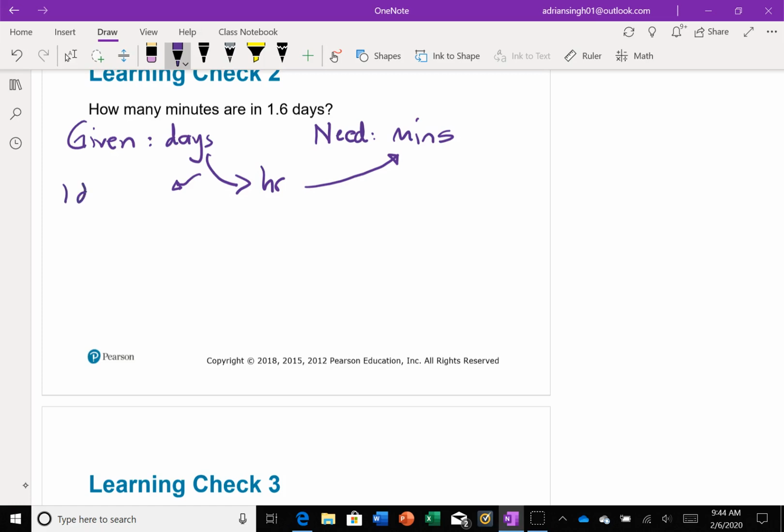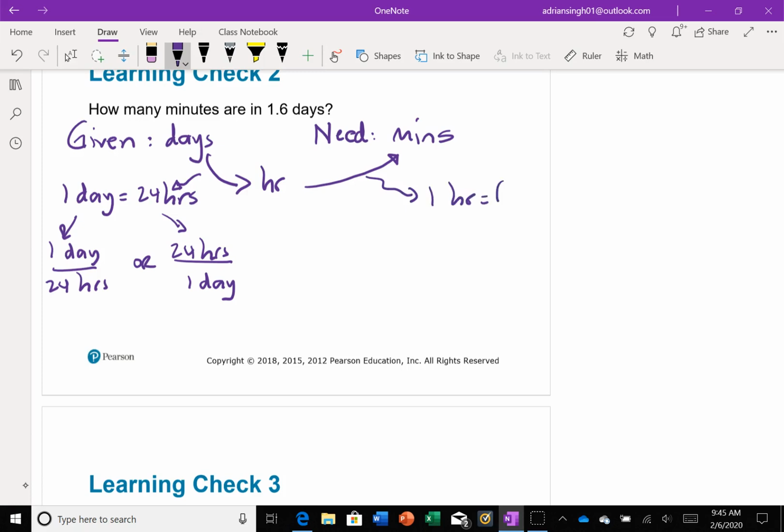All right, so we take that big step and we break it down into 2 bite-sized pieces. So for every day, there are 24 hours. Okay, that's one equality. And then we have our 2 conversion factors we can use. 1 day for 24 hours. Or we flip it, 24 hours for every day. And then hours and minutes relationship, well, for every hour, there are 60 minutes.